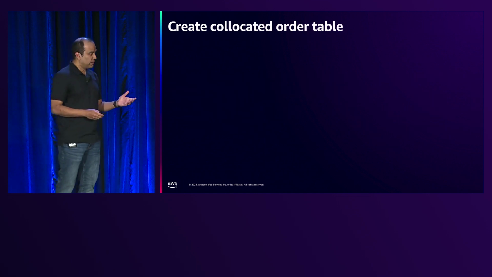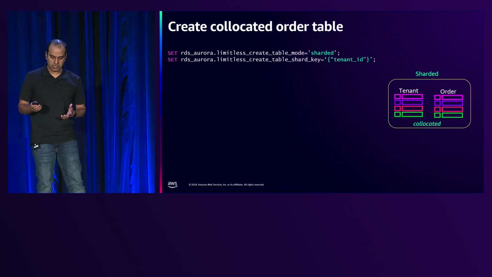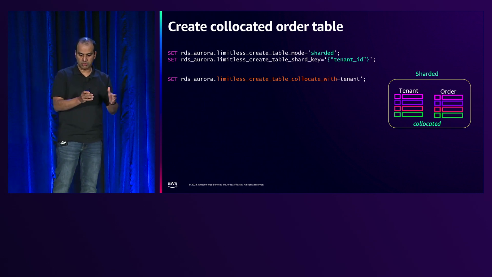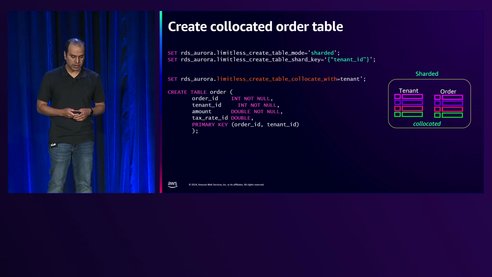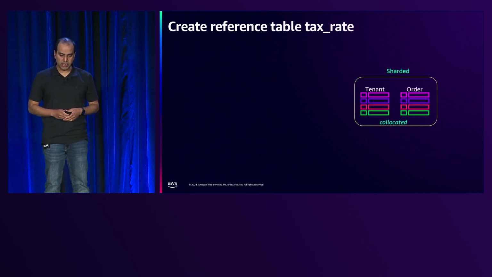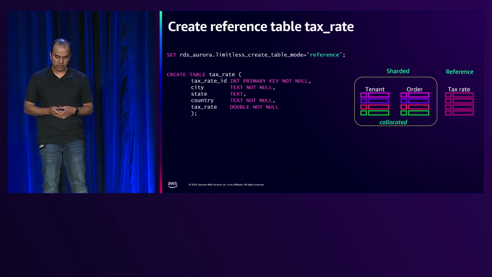And then for the co-located order table, you will do the same thing, but you'll say that we want to co-locate this with the tenant table so that data for both the tables would be co-located together within the same shard. And then finally, we have the tax rate table, which is a lookup table or a reference table. So you would set a session variable called create table mode equal to reference and create the tax rate table, right?